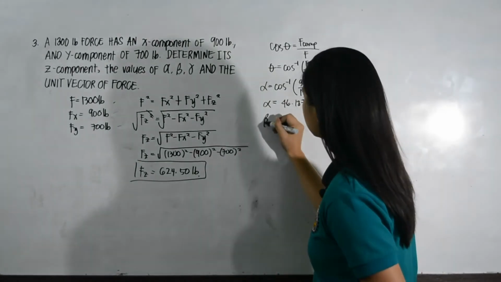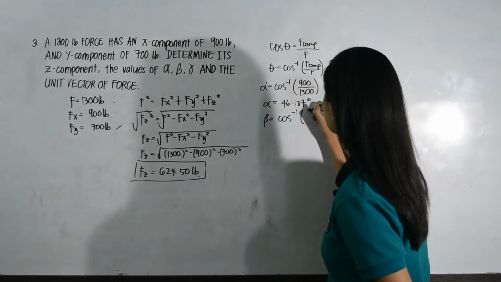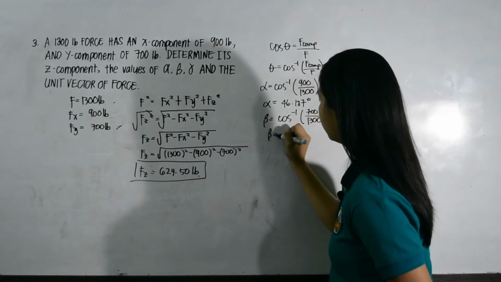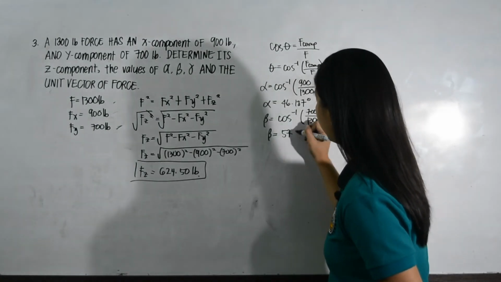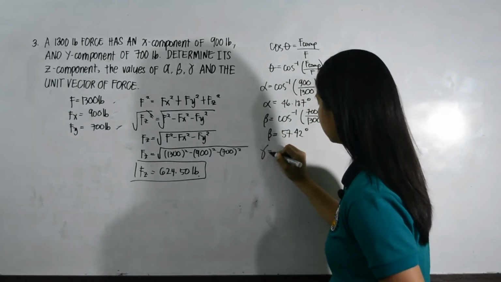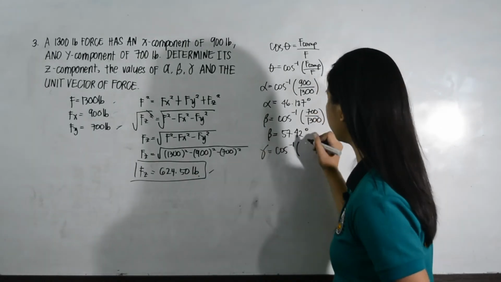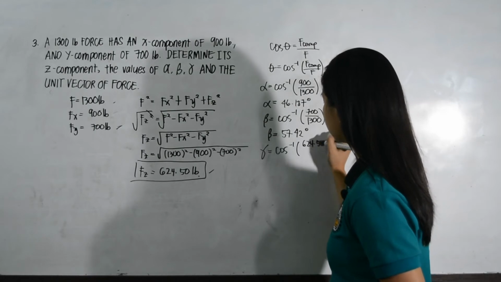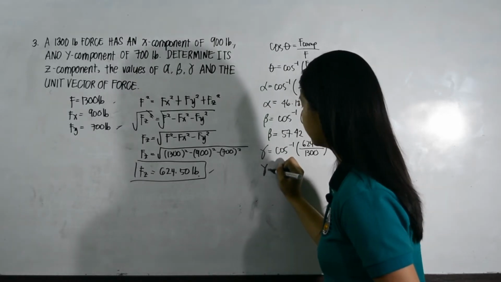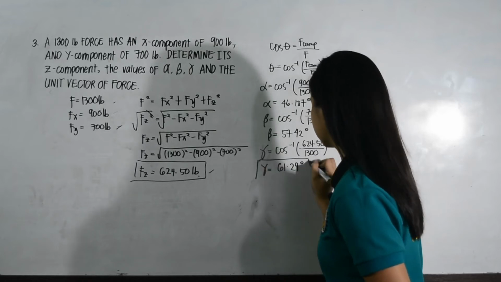For our beta, we have arc cosine of 700 over 1,300. And that will be 57.42 degrees. Last, for our gamma, we have arc cosine of Fz, which is 624.50 over 1,300. And that will give us the answer of 61.29 degrees.